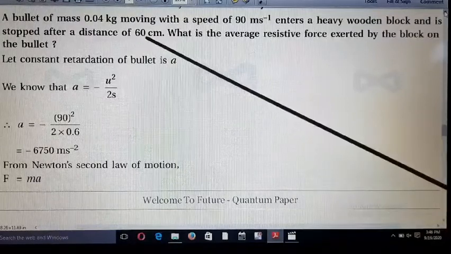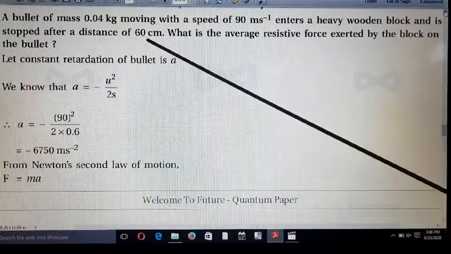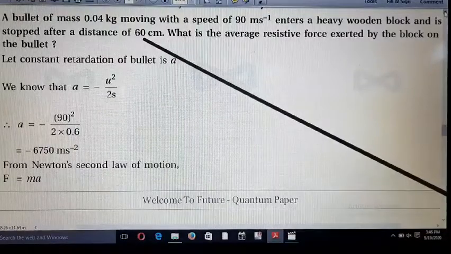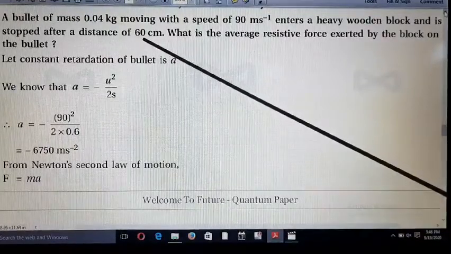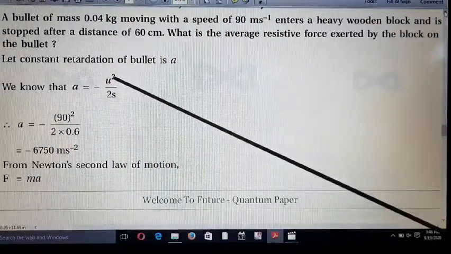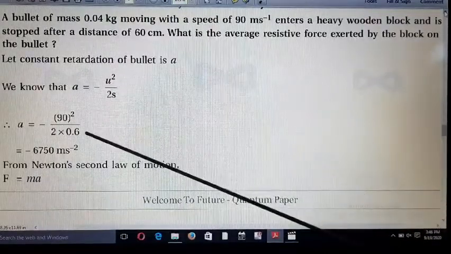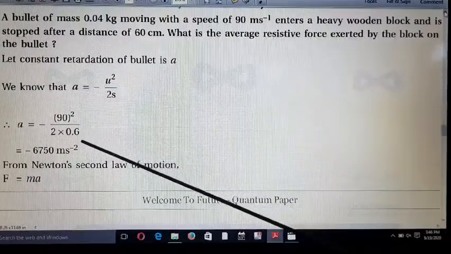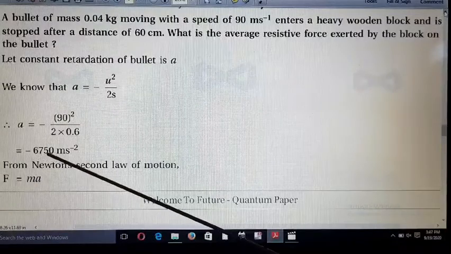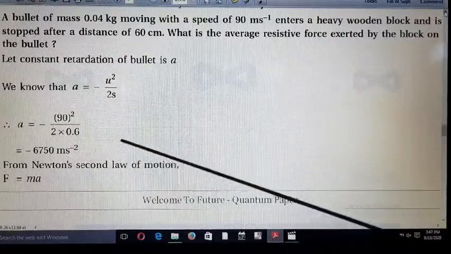Distance is given in centimeters, so first of all we want to convert into meters. So 60 divided by 100 means 0.6 meter. s is equal to 0.6, u is equal to 90. So we substitute all these values and we get minus 6750 meter per second square.